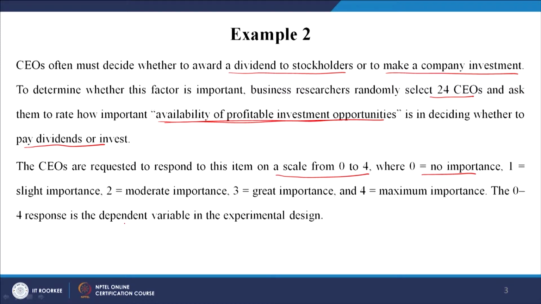So, this 0 to 4 response is the dependent variable in the experimental design. This is the thing that we are trying to see: how important are they really feeling it to be.